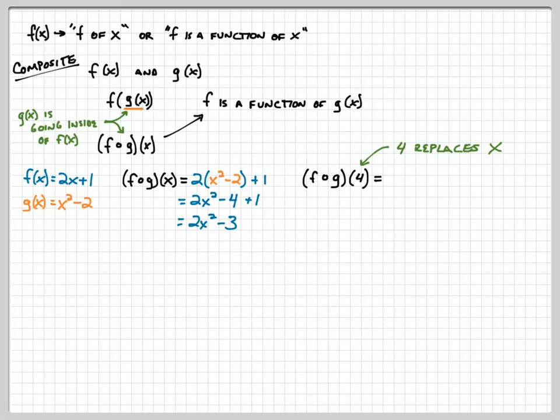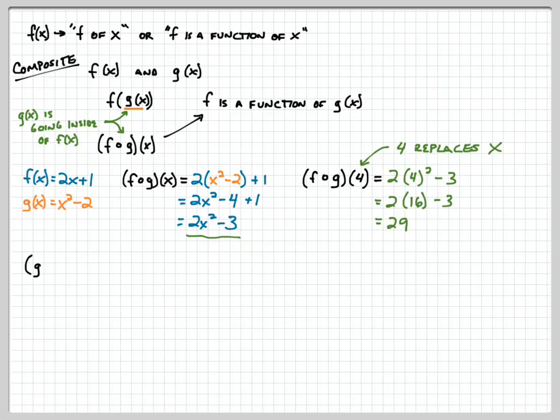So if you hadn't already done the composite function of f of g of x, then you would have to do that. But we've already done it here. So we would have 2 times 4 squared minus 3, because the 4 is replacing the x. See? So we're replacing it. So if you hadn't already done that 2x squared minus 3, you'd have to do that first and then plug your 4 in afterwards. But we've already done that work. And then it's just a basic computation of the numbers, 29.